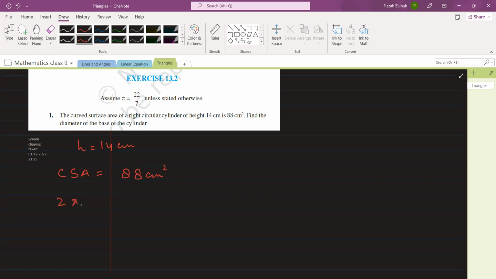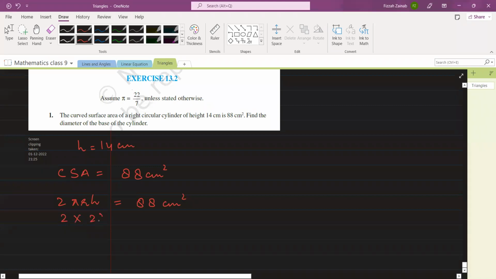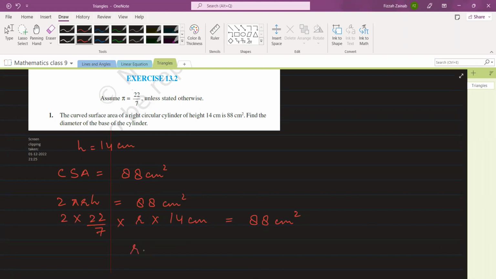CSA, that means 2 pi r h, is given, right? So 2 into 22 by 7 into r, you don't know, height is given, which is 14 centimeter. This is 88 centimeter square. So take everything on the right hand side, keep your r here.